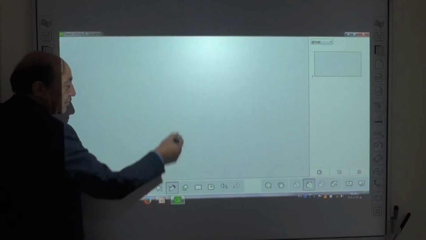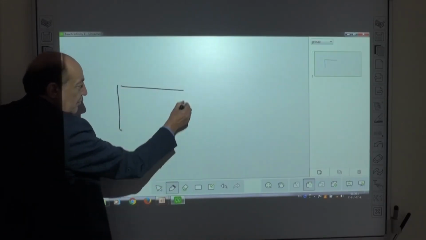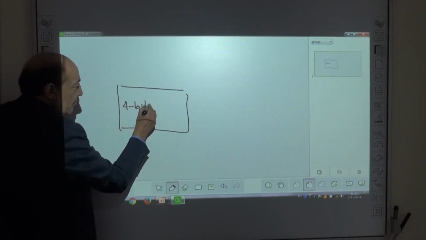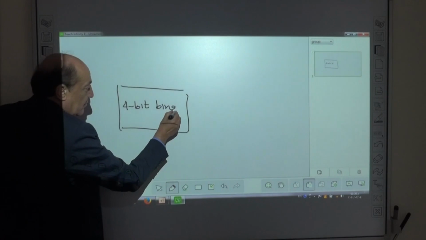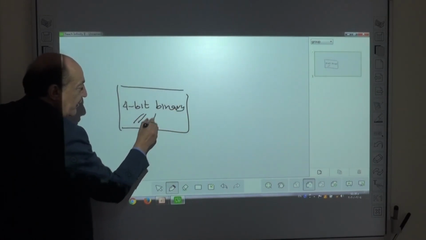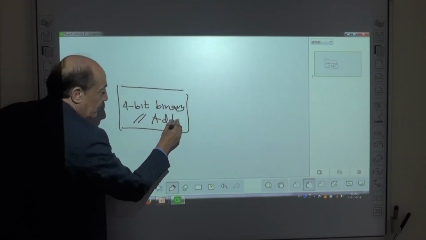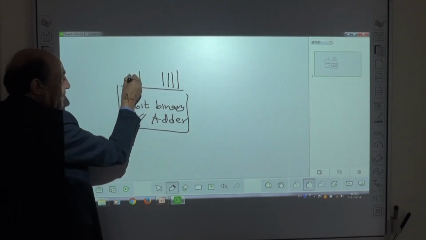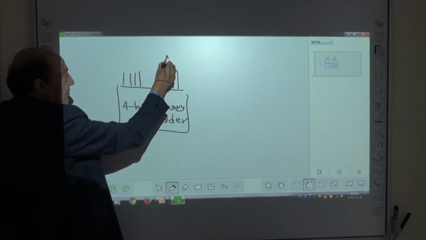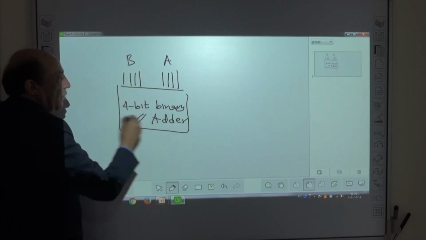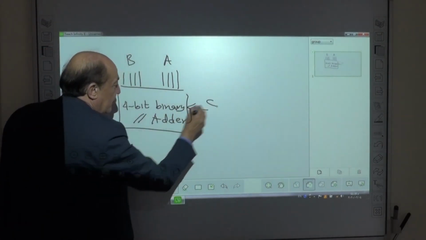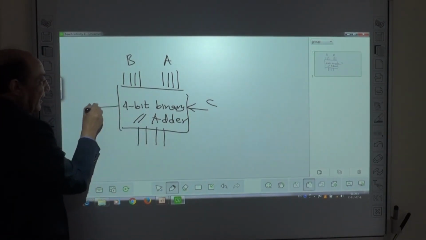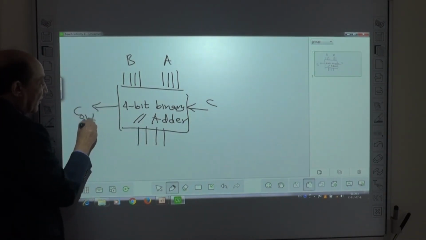We can draw a 4-bit binary parallel adder. Here 4 bits from A, 4 bits from B, as we draw, carry in, 4 bits the sum and carry out.